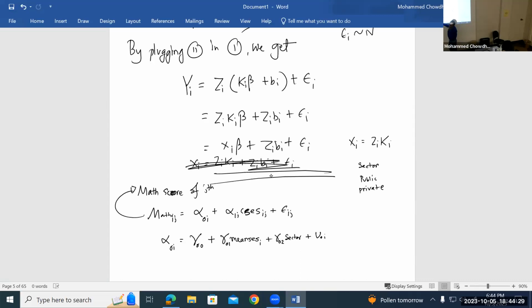If you plug in i equal to 1, that school will have a mean socioeconomic score. And if i equal to 2, then there is another mean socioeconomic score. But each school has students coming from different regions, so each student's socioeconomic score is different.